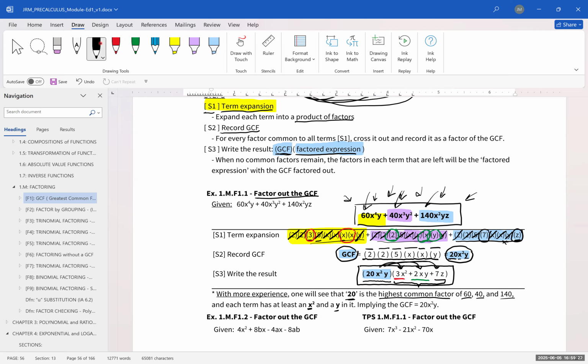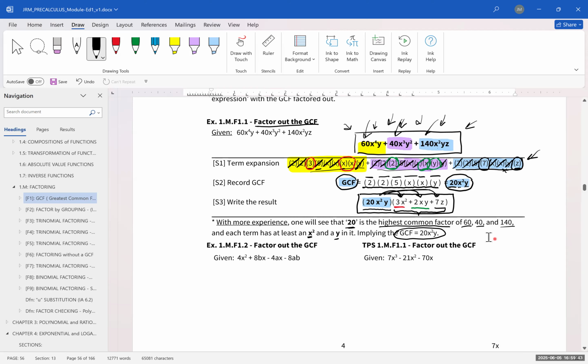Therefore, the greatest common factor is going to be 20x squared y. That'll be something you'll be able to do without having to write everything down like this, when you have more experience.